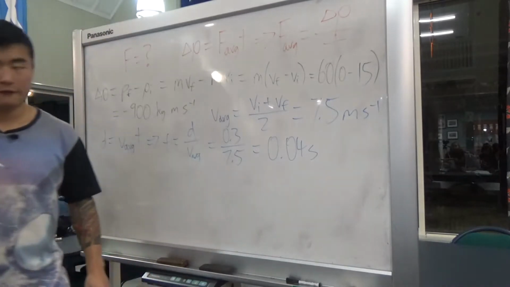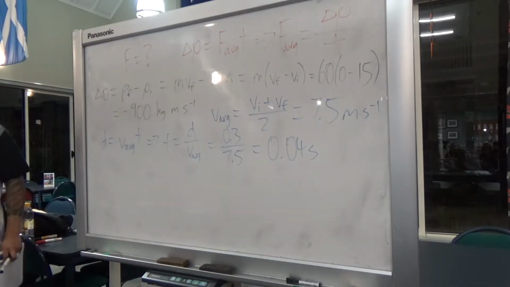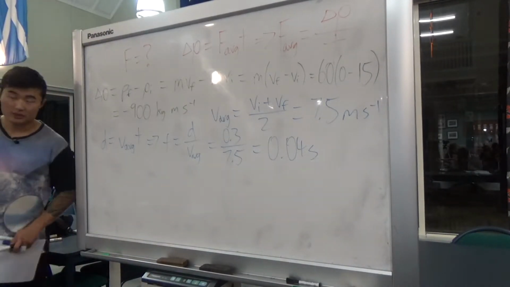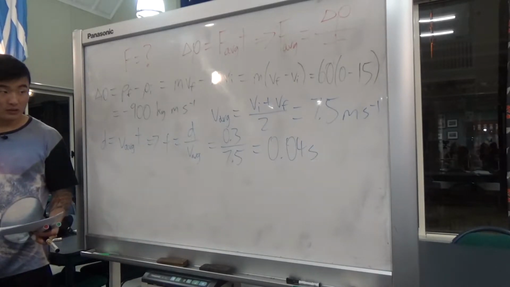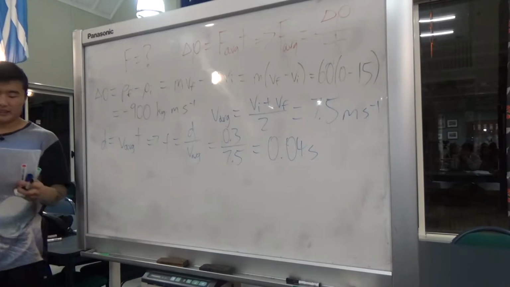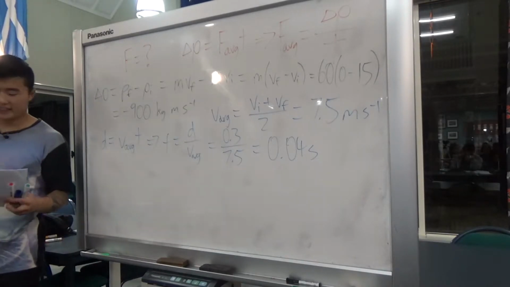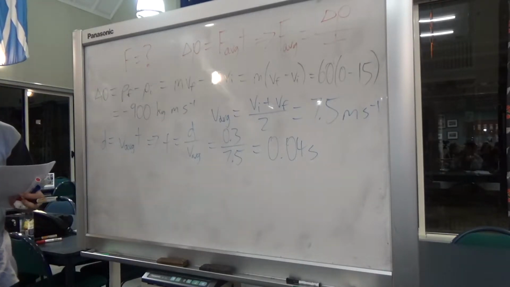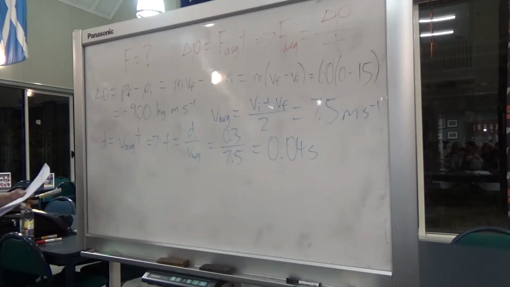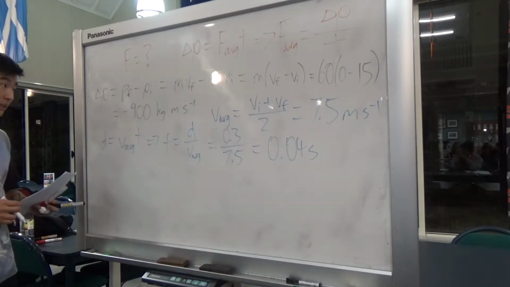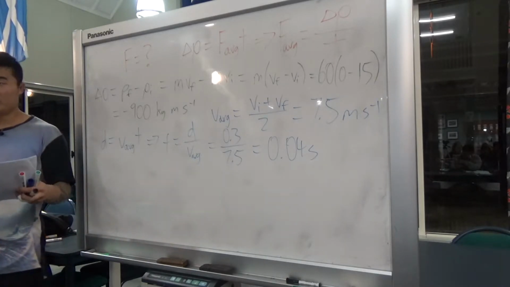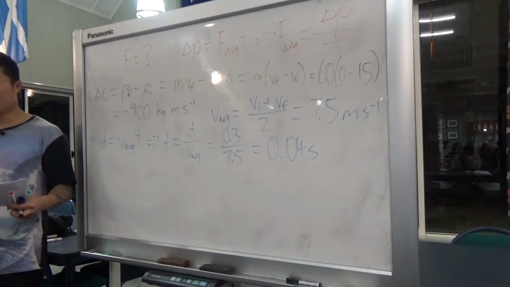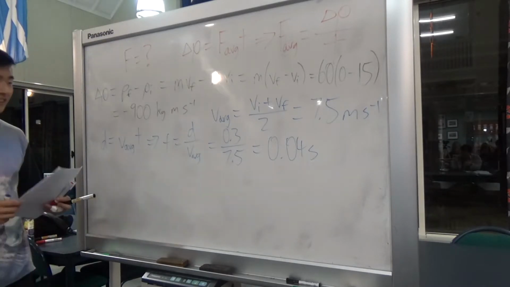That's 40 milliseconds, right? That's a very short time. It just shows you why these collisions can be so devastating if you're in a car crash. You've gone from 54 kilometers per hour to 0 kilometers per hour in 40 milliseconds.